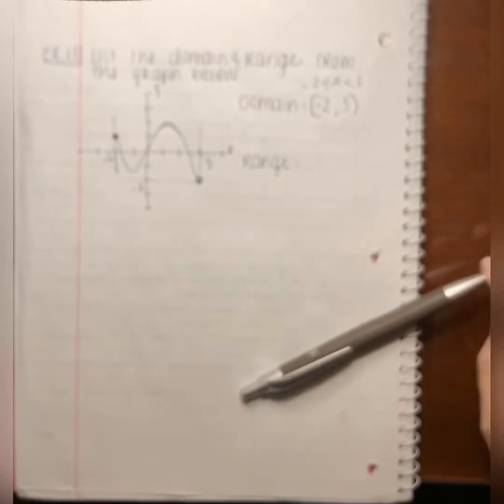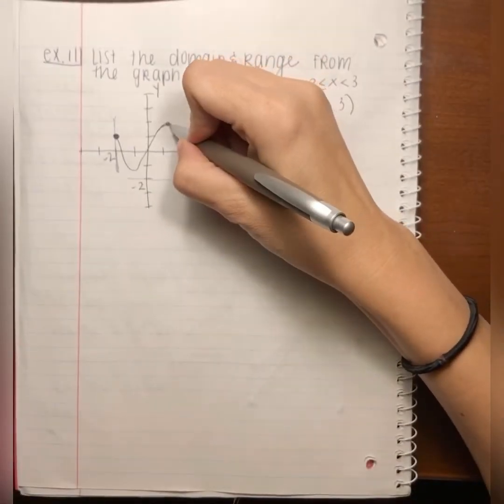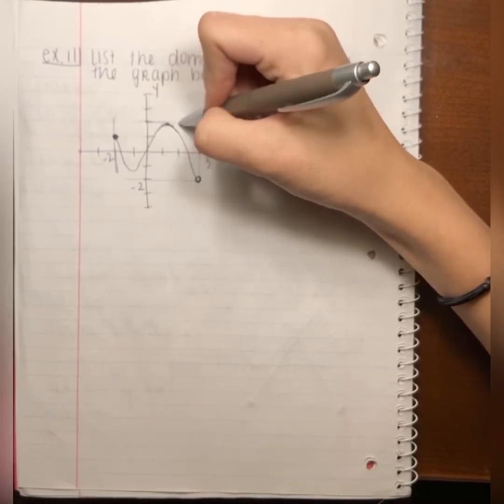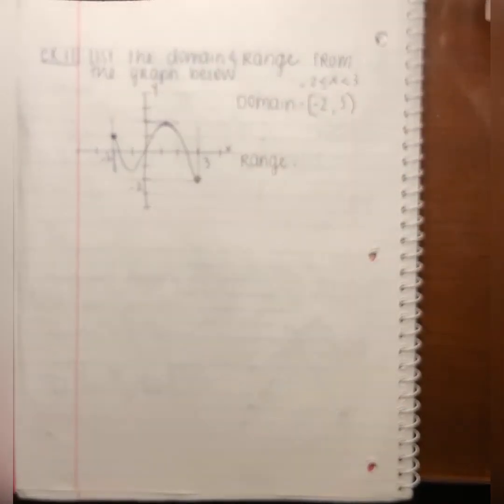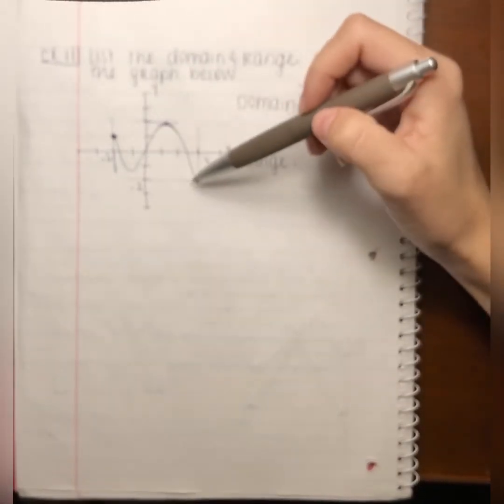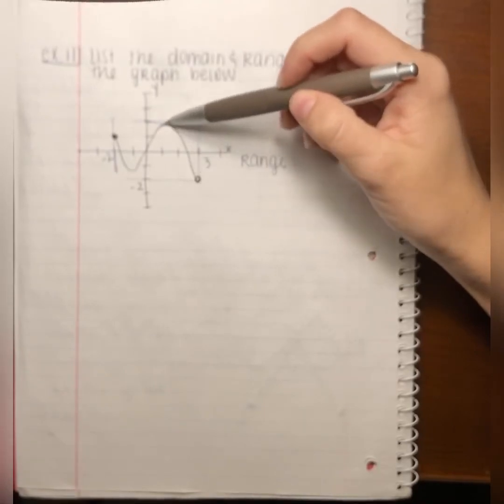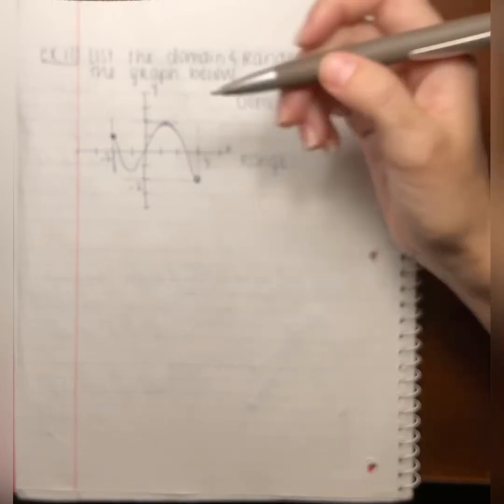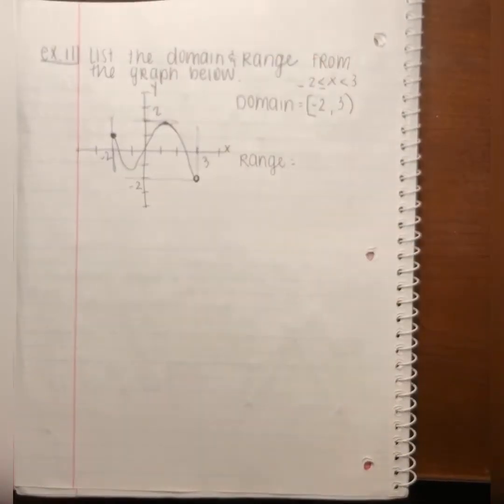We actually have points that go up to 2. So right here we have a point that's at 2 on my y-axis. So that is the highest y value we'd have in our function, which would be at +2.